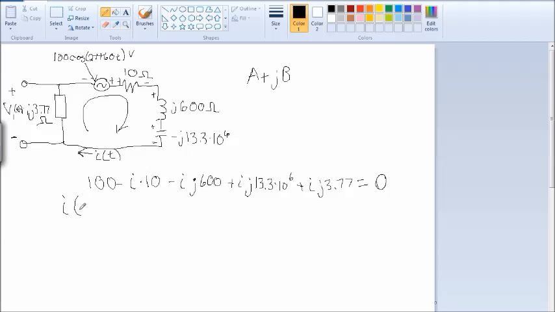So we can say I times 10 minus J 600 plus J 13.3 times 10 to the 6 plus J 3.77.